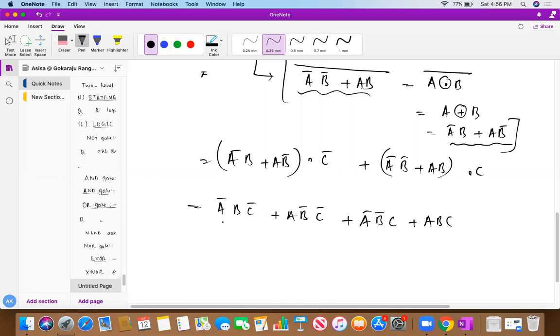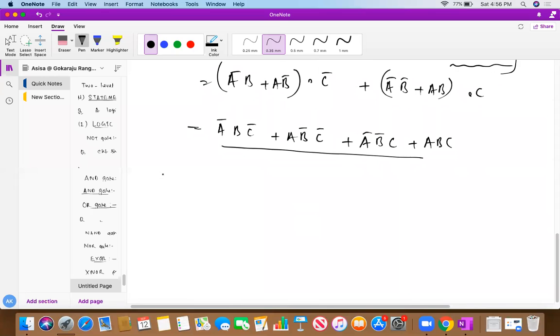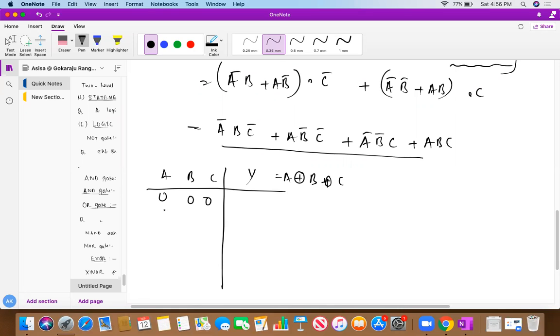So if you see the truth table of A XOR B XOR C, 3 inputs, what would it be? 0 0 0 0, 0 0 1 1, 0 1 0 1, 0 1 1 0, 1 0 0 1, 1 0 1 0, 1 1 0 0, 1 1 1 1.